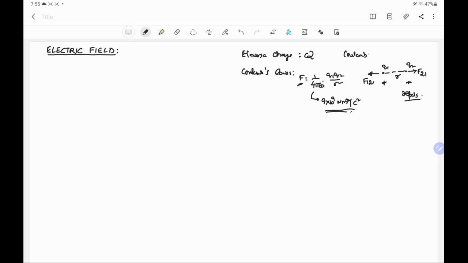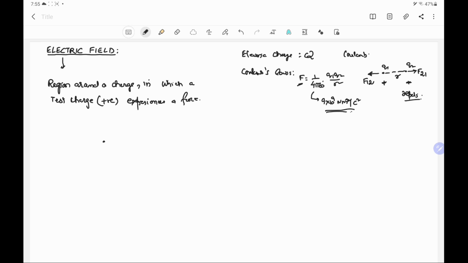The same scenario can be reformulated using the concept of electric field, which we will introduce here. Electric field may be defined as the region around a charge in which a test charge, and test charge in general, as per convention, we take positive charge, experiences a force.